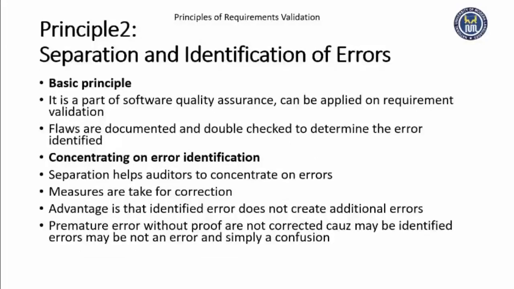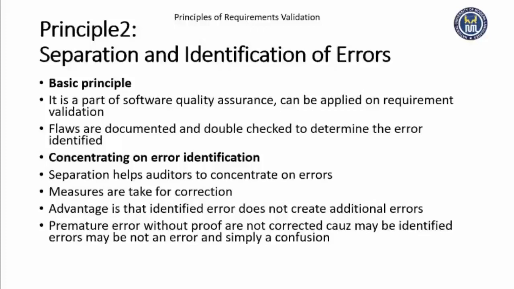So principle number 2 is separation and identification of the errors. This is the basic principle and it is also a part of quality assurance, but it can be applied to requirement validation as well. Flaws are documented and double checked to determine the error identified. Separation helps auditors concentrate on error identification.